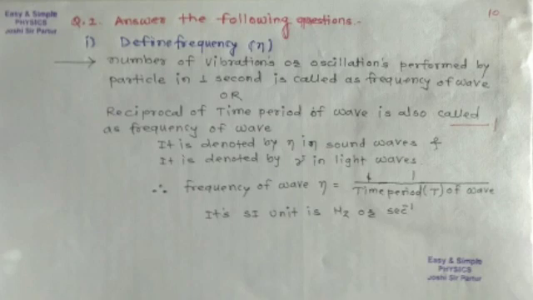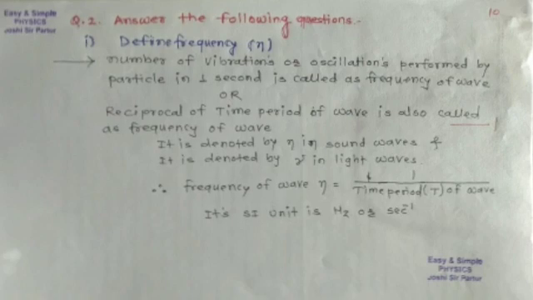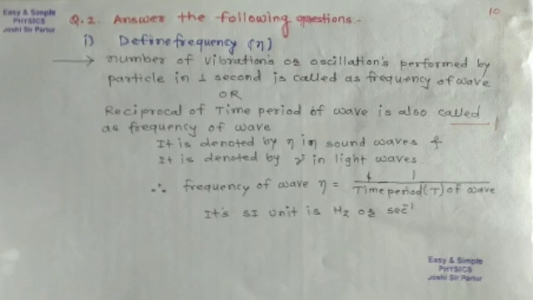It is denoted by n in sound waves and by nu in light waves. So frequency is equal to 1 upon time period. Its SI unit is second raised to minus 1, or hertz.